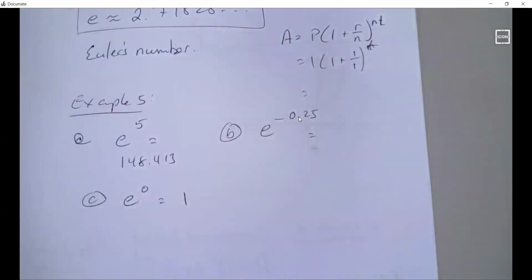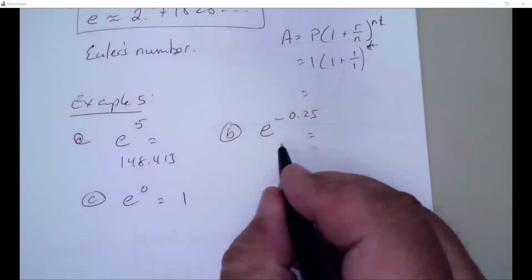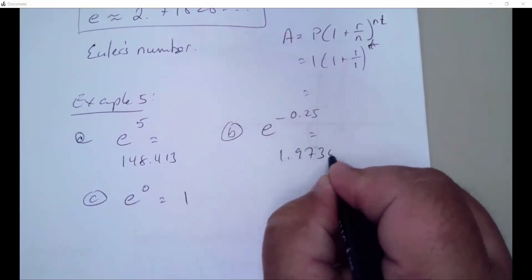Now if I do it with a negative exponent, I have e to the power, open parenthesis, negative 0.25, close parenthesis. It'll give me 1.97303.